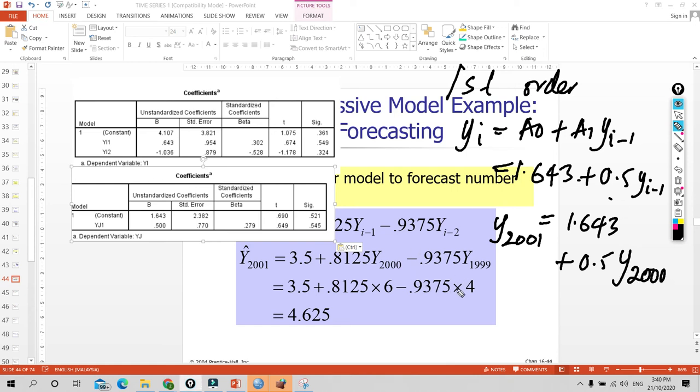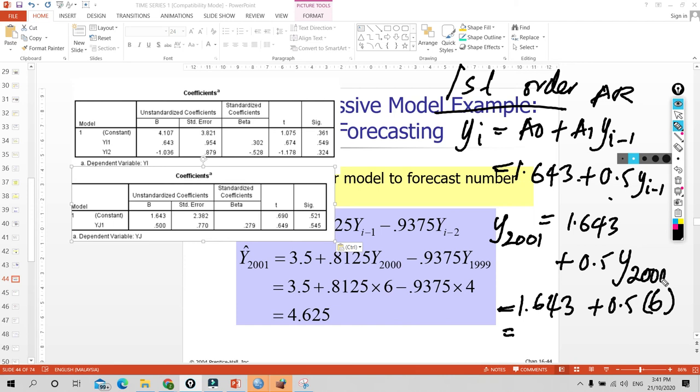This is equal to 1.643 plus 0.5 times the sales for 2000, which is equal to 6. So this is the answer. This is by using the first order regressive model, first order AR. So this is how we estimate by using the first order AR.